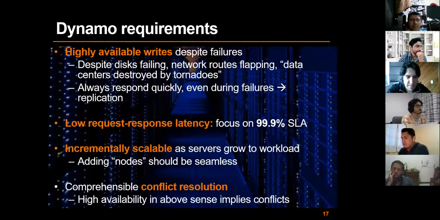And you want comprehensive conflict resolution, because we're going to talk about it. Since you want highly available writes, at a lot of points conflicts are going to happen.